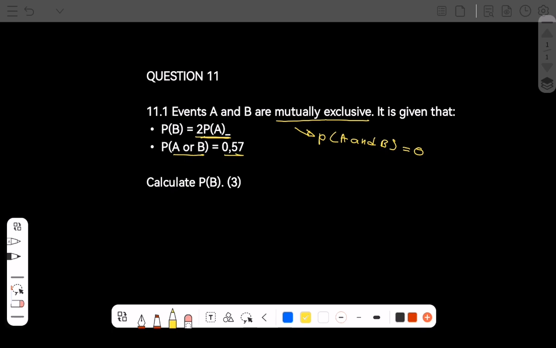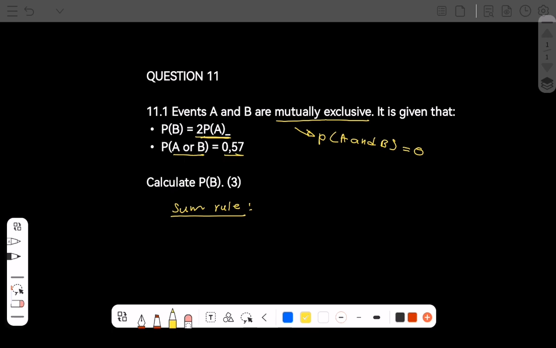3 marks for that. By just seeing the probability of A or B, already I am thinking about the sum rule. I'm going to apply the sum rule here.